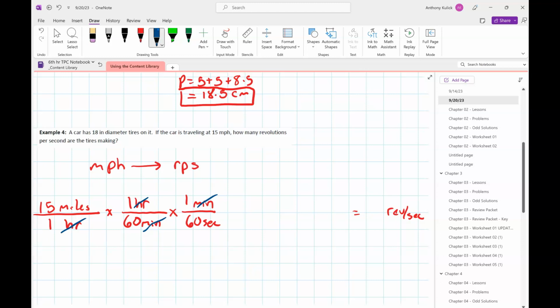How am I going to convert miles to revolutions? That's the trick. How are we going to do that? Any guesses here? I'll give you a hint. We need this piece of information.